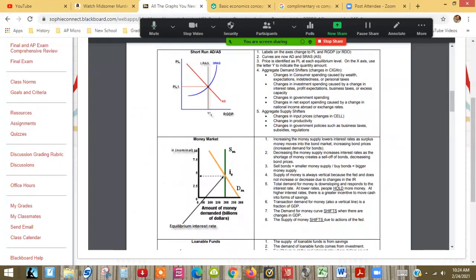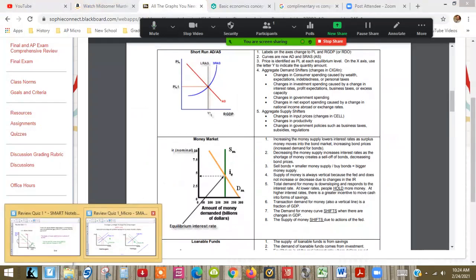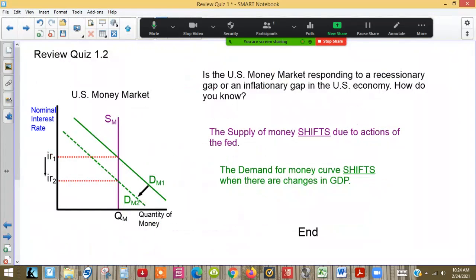You'll be viewing Khan Academy videos. But anyway, for now, if you're seeing a shift in the demand for money, you need to ask the question, what causes the demand for money in the economy to shift to the left, to decrease?